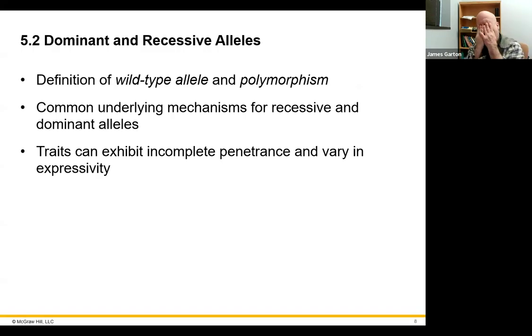Usually populations are going to have some wild type allele, which is the most common allele found in the population. They're probably going to have polymorphisms, more than one allele at that gene. And that's the most likely explanation for alleles being dominant and recessive.